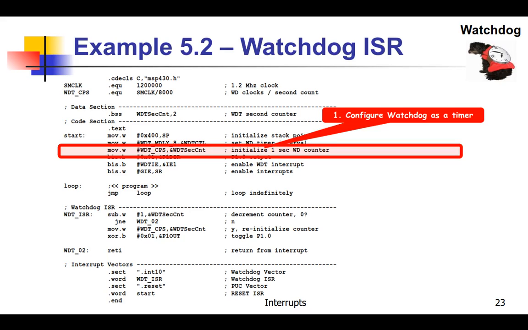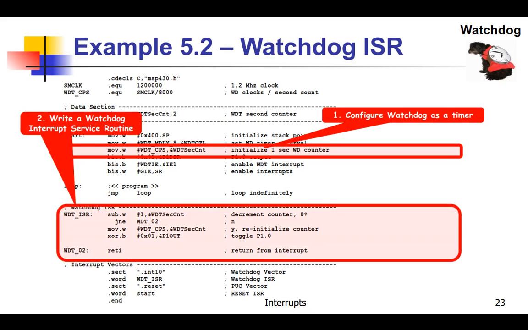You need to set it so the delay is the right amount for you, and you need to initialize the watchdog timer counter. And you need to have an interrupt service routine, which is down here under the WDT_ISR label.